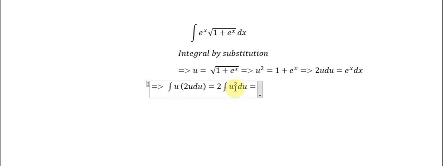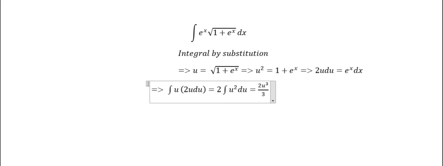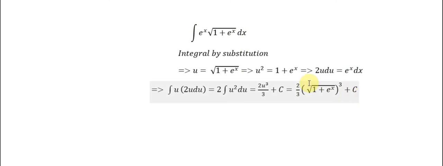The integral of u^2 becomes u^3 divided by 3, plus c. In the u^3 we change back to the square root of 1 plus e^s, plus c. So that's the answer for the question.